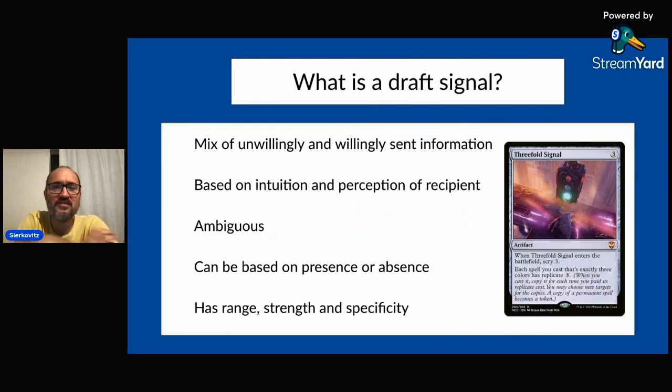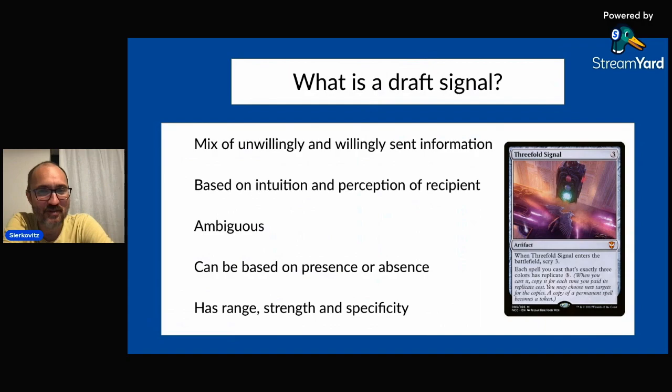So what is a draft signal then? I defined it as a sort of mix of willingly and unwillingly sent information based on those previous definitions. Unwillingly and willingly, because I think that for most of the signals I'm sending, if I'm sending that I'm not in white, I'm happy to send that signal.